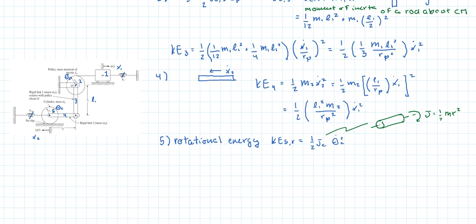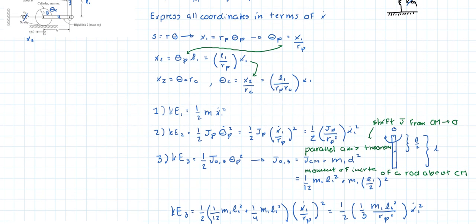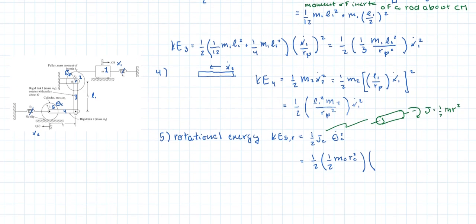So we have 1/2 times 1/2 m sub c r sub c squared, and theta dot c is equal to L1 over RP RC times x dot 1, squared.